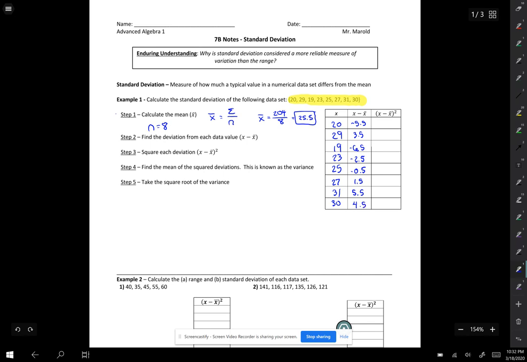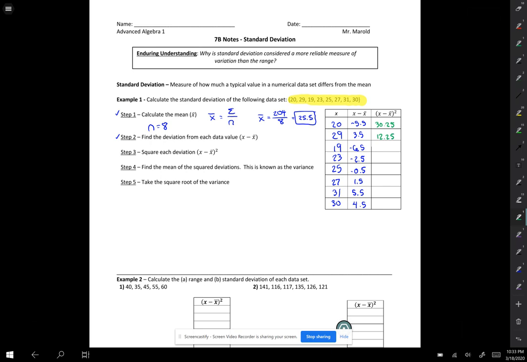So step 1, we calculated the mean. Step 2, we found the deviation from each value. Now we want to make sure that each of these values is positive. So we're going to square each value. We're going to take all the values in column 2 and square them. Negative 5.5 squared gives us 30.25. 3.5 squared is 12.25, and you get the idea.